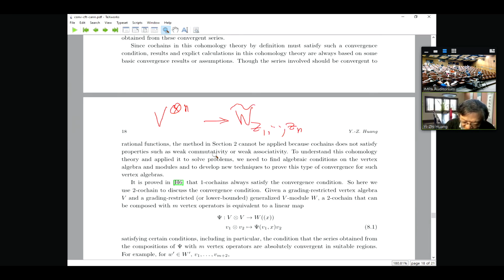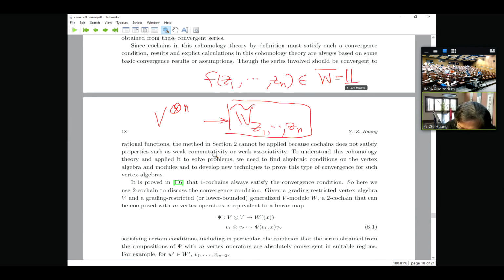So what are these things? They are elements you can write as some function of z1 to zn, but valued in W bar. W bar is the direct product.